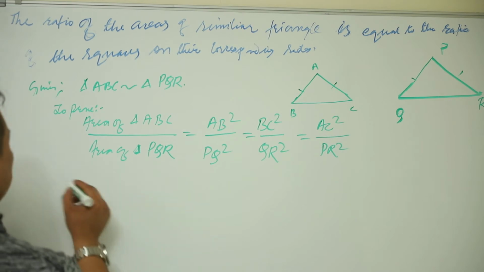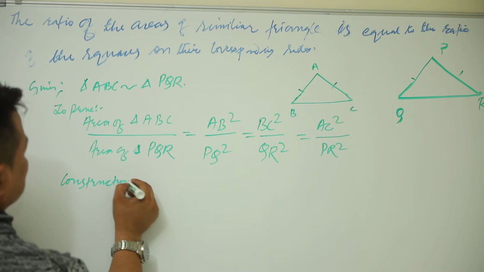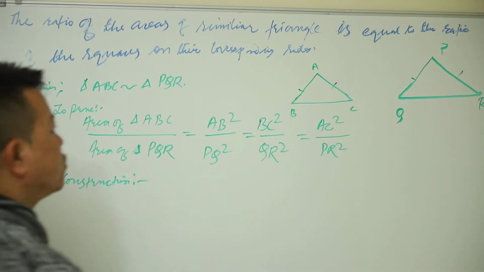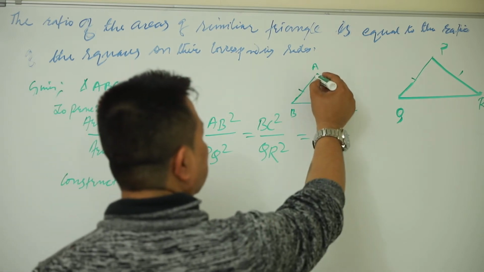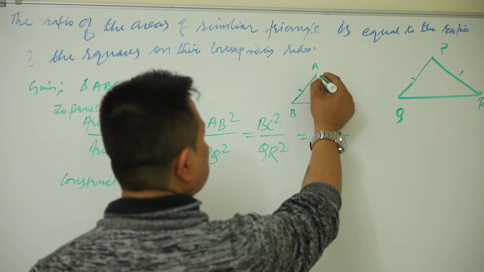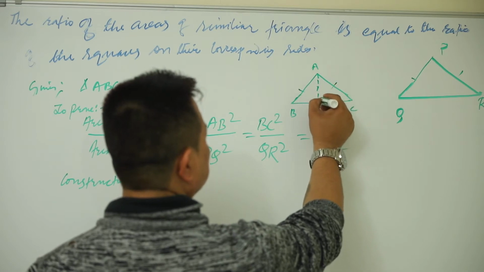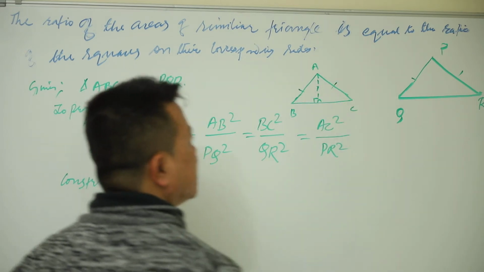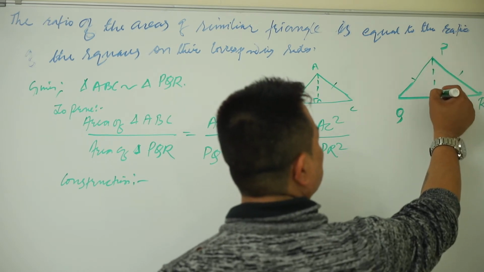Now, construction. From A draw a perpendicular on BC. Similarly, from P draw a perpendicular on QR.